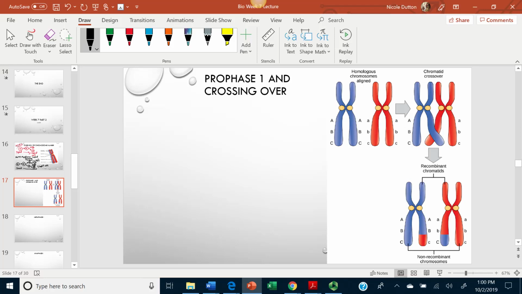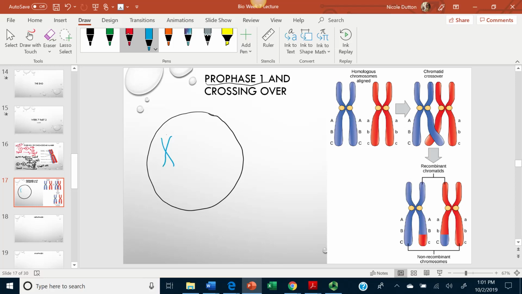During the first phase, prophase 1 of meiosis, the chromosomes are going to condense and align with each other in pairs so that this process called crossing over can happen.